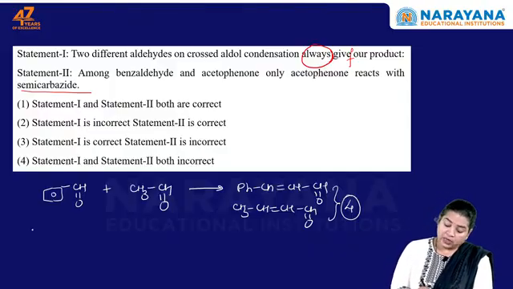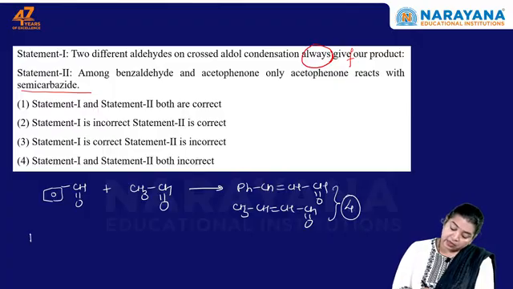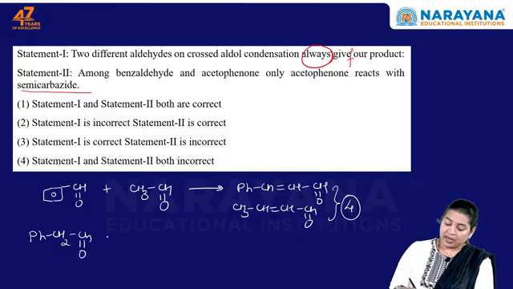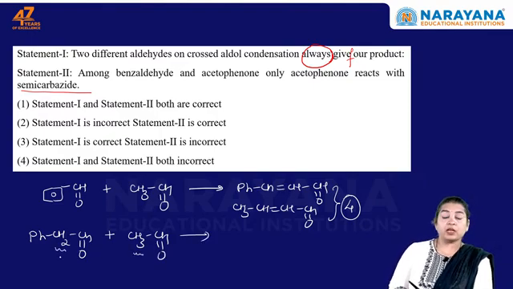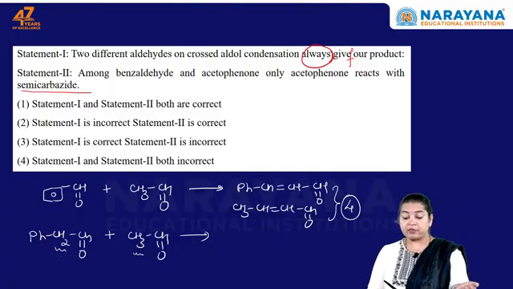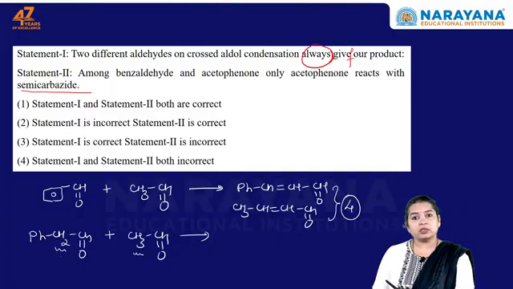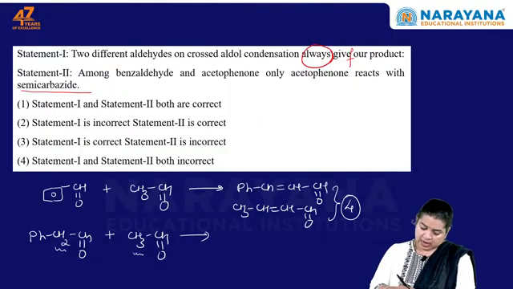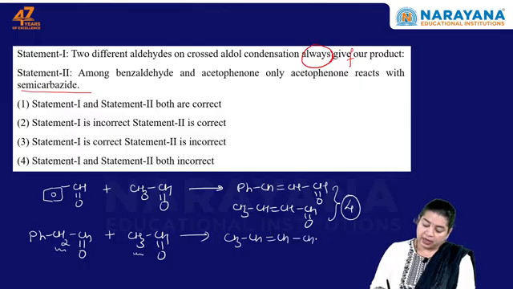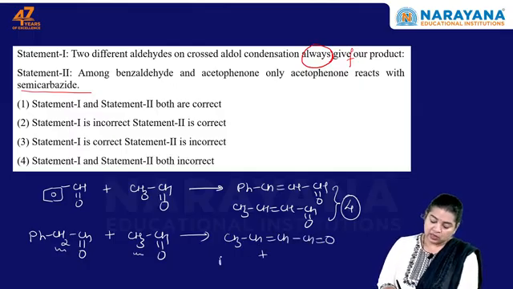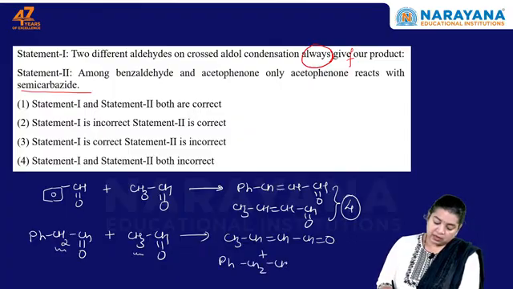Anyways, what if I take phenyl acetaldehyde and acetaldehyde? Now both have alpha H, right? So considering geometrical isomerism, I will definitely get a much larger number of aldol products than 4. All of you have got the hint of what I am suggesting.